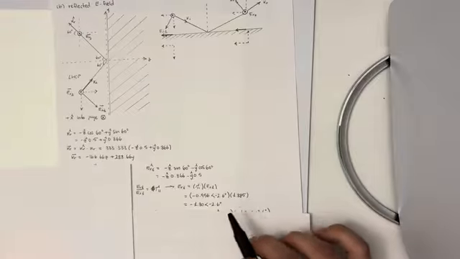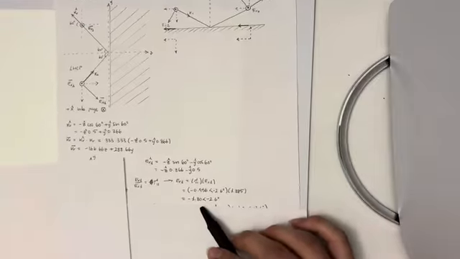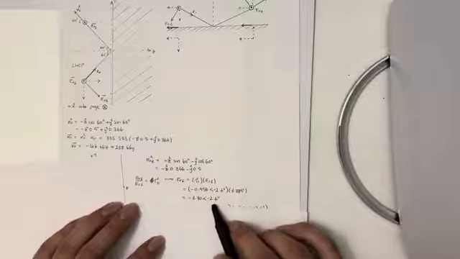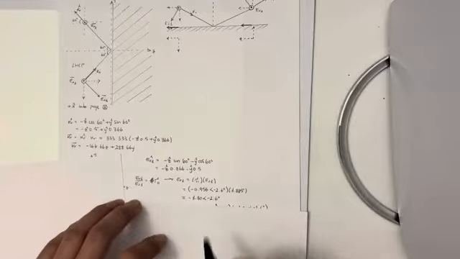We multiply that, and we get a negative 1.80 with a phase shift of negative 2.6 degrees.